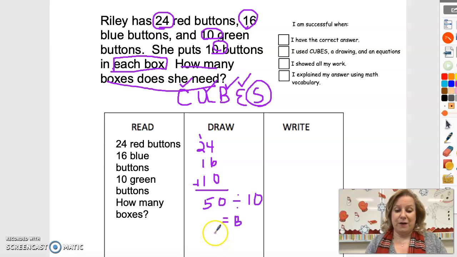And I know 10 times 5 equals 50, so B equals 5. Now, this is a very important step, writing out your answer. What does that 5 mean? Well, I go back to the question, how many boxes does she need? So it's 5 boxes that are needed.